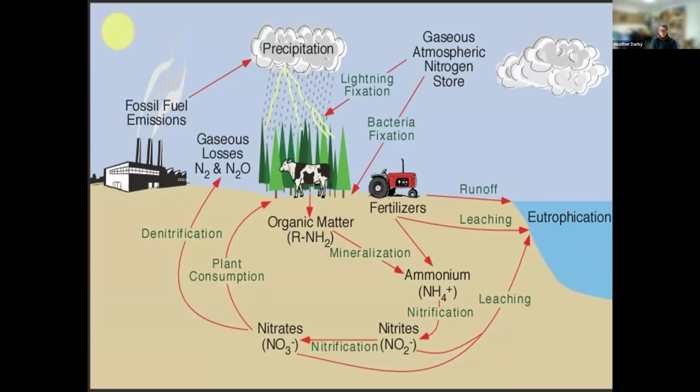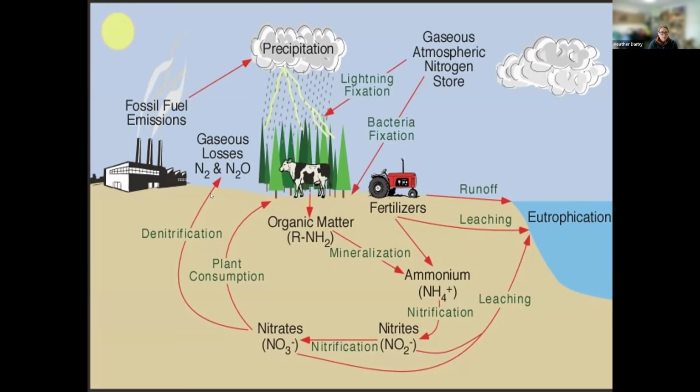Nitrogen, not so much. You can see lots of arrows here, lots of different forms of nitrogen coming from different places. Lots going on here. And again, there's a lot of losses that can be seen in the system.